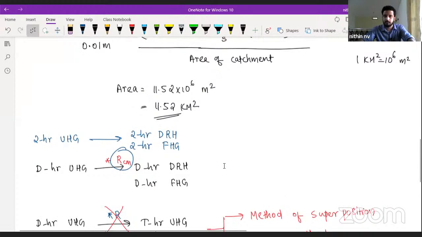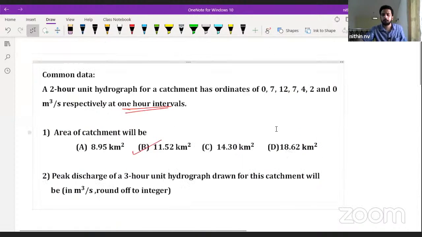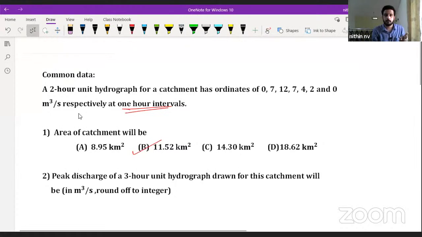In the sense, all the ordinates we have now are 0, 7, 12, 7 and so on. If they are asking for the ordinates of a 2-hour DRH, we have the 2-hour unit hydrograph ordinates with us.